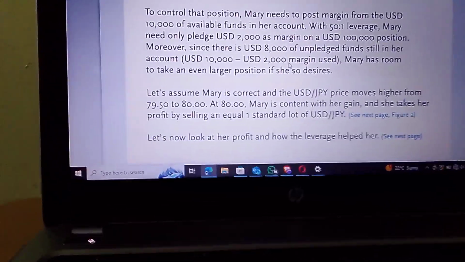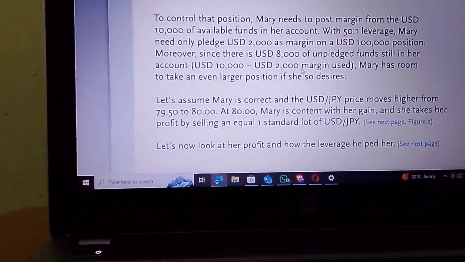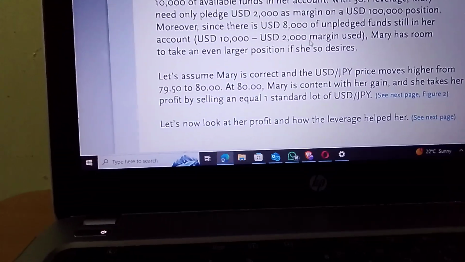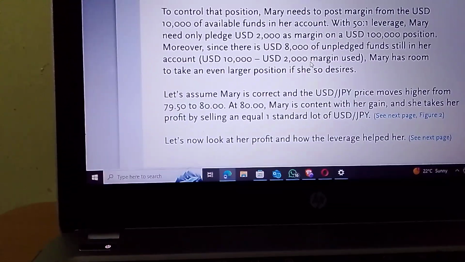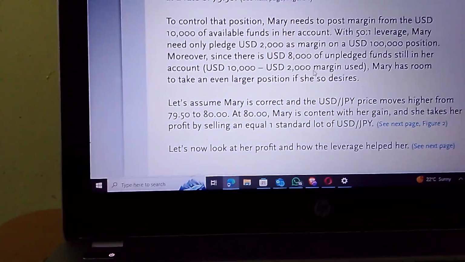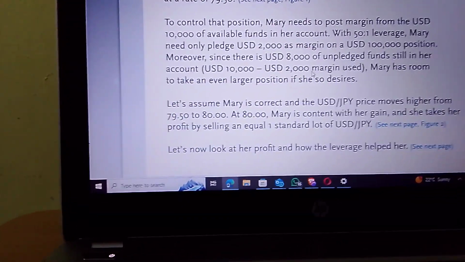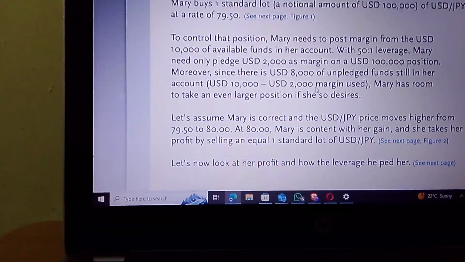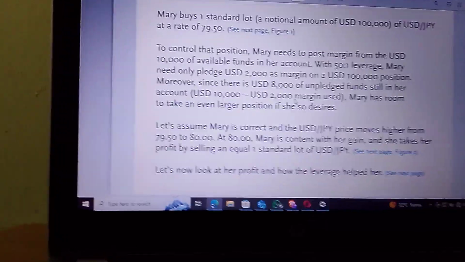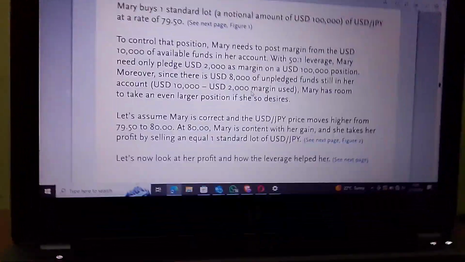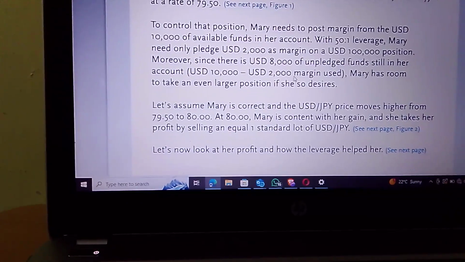I hope that's clear. Moreover, since there is 8,000 US dollars of unpledged funds, she had 10,000, so she has 8,000 more, which is unpledged. Mary has room to take an even larger position if she so desires. Yeah, so now we've understood the part of leveraging and margin.